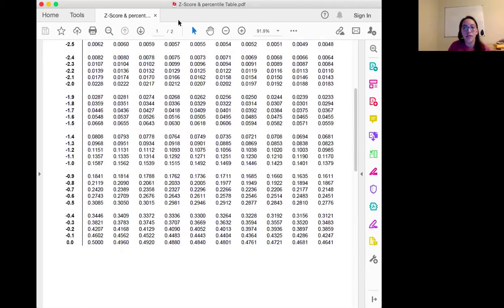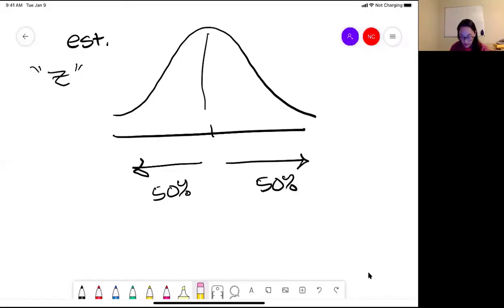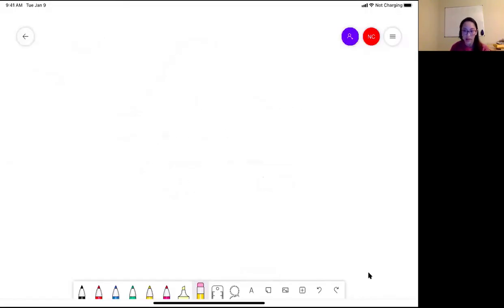Now, I do have some questions in your quizzes that ask you to identify what percentile of scores might land between two values or above a certain value. So we'll do an example of those here.